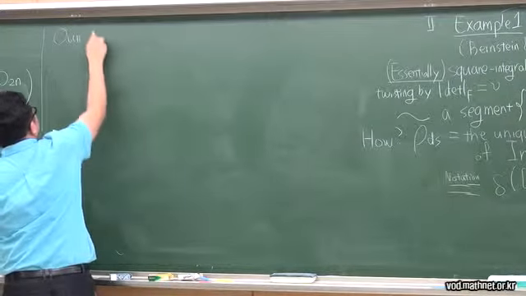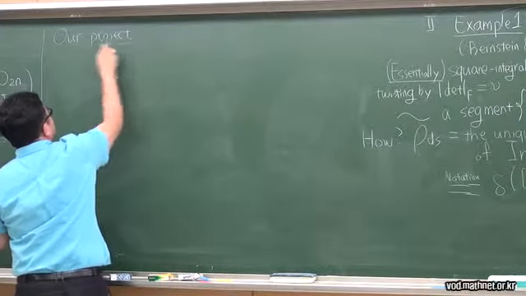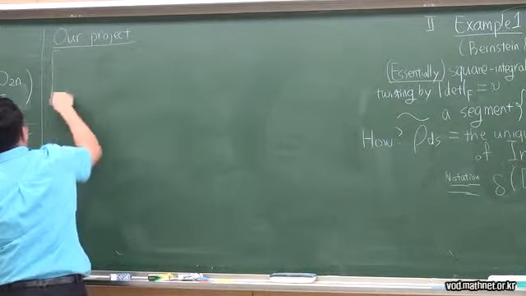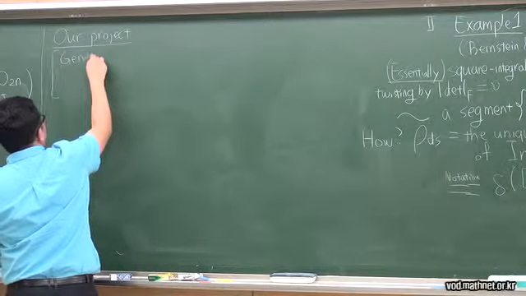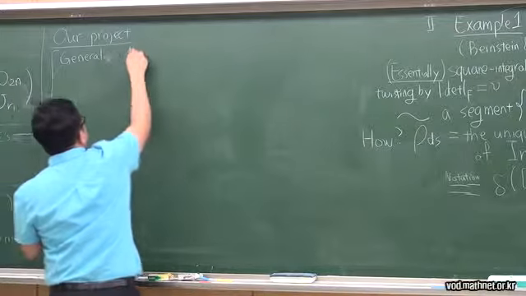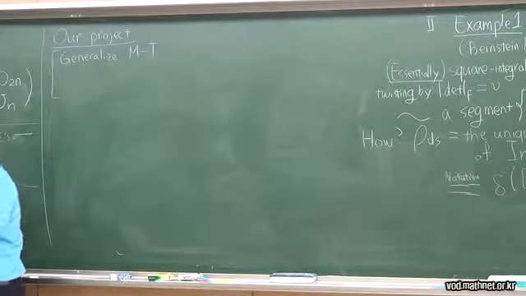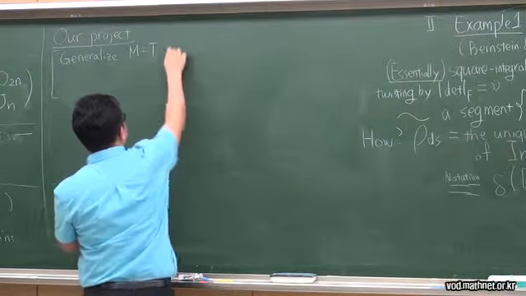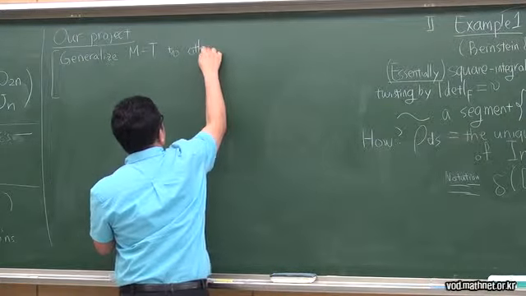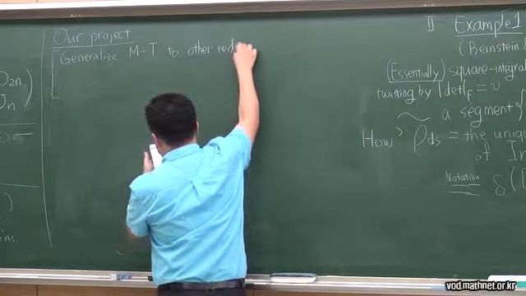So our project is that we want to generalize this result of Moeglin and Tadić, the classification of discrete series of classical groups, to other reductive groups.